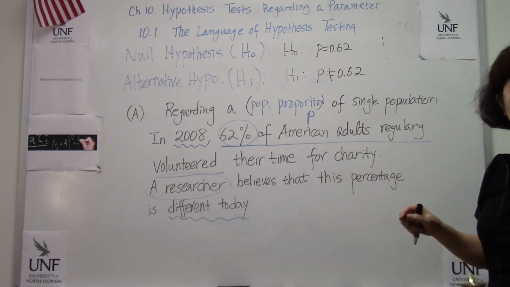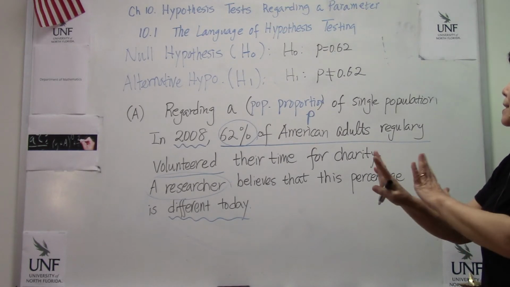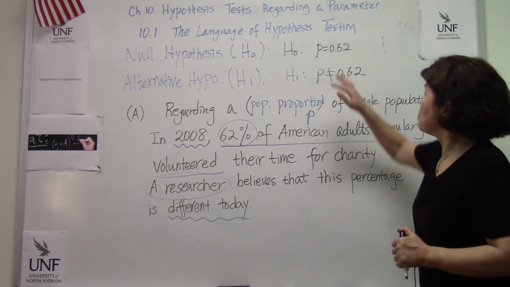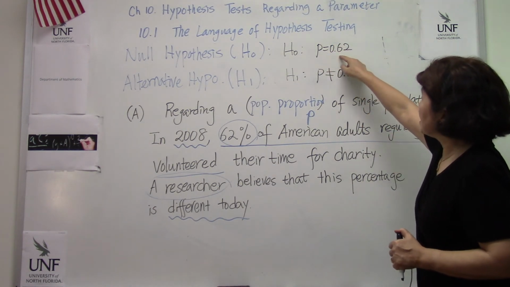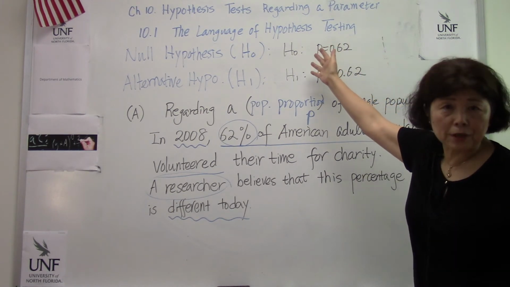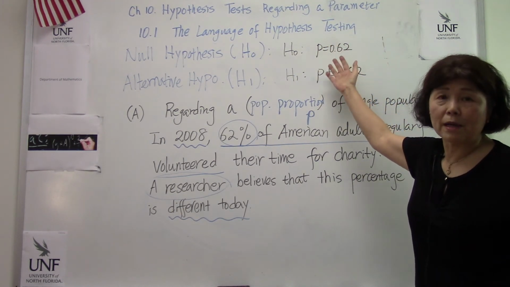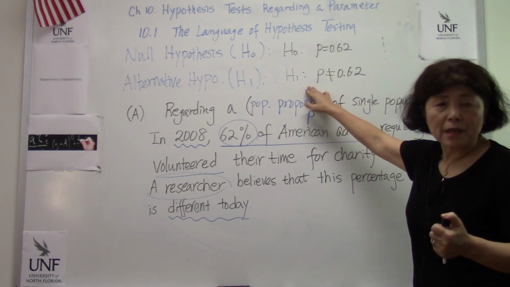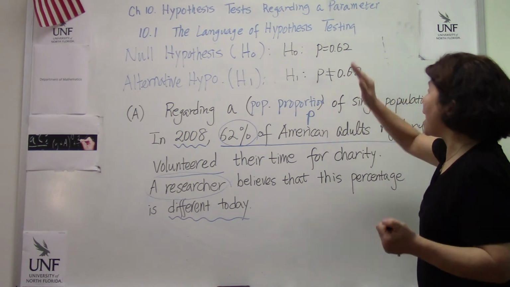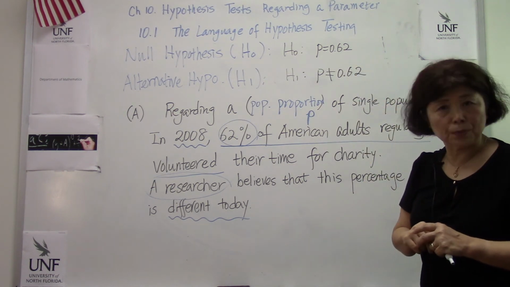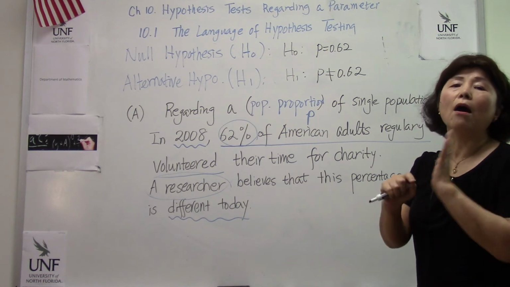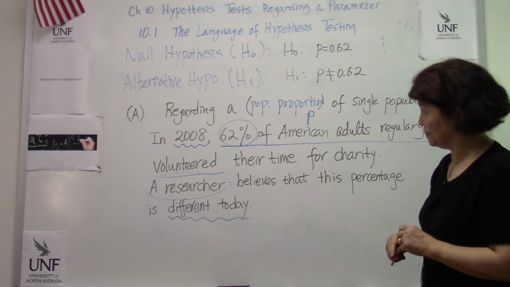This is it, technically. All these other words will be omitted, and all you say is a proportion. Here is 0.62. That is a kind of reigning champion. That was a conventional thing that we believed. Now this is a new challenger. No, this population proportion is not equal to 0.62. It doesn't say higher or lower than 0.62, just simply unequal to 0.62.